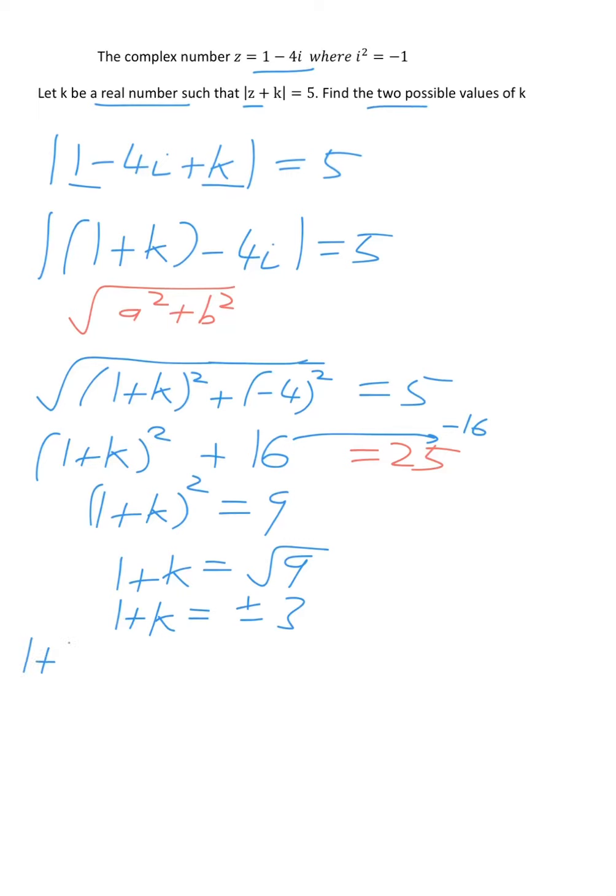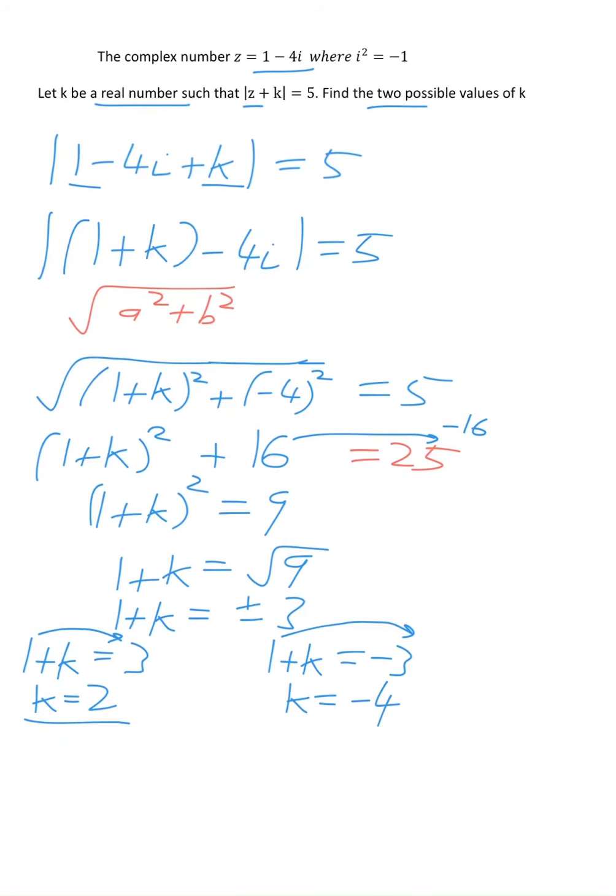So I could have 1 plus k is equal to 3, bring the 1 across, it'll be minus 1, so k is equal to 2. Or else I could have 1 plus k is equal to minus 3, bring the 1 across, minus 1, so k is equal to minus 4. So my 2 possible values of k are 2 and minus 4.